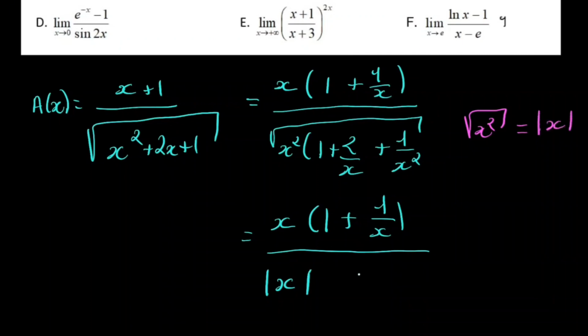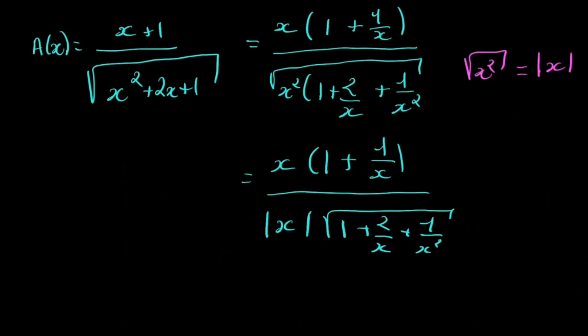So here we have absolute value of x times the square root of 1 plus 2 over x plus 1 over x squared. So you can see that in plus or minus infinity, these terms will go to 0, because 1 over infinity is equal to 0.